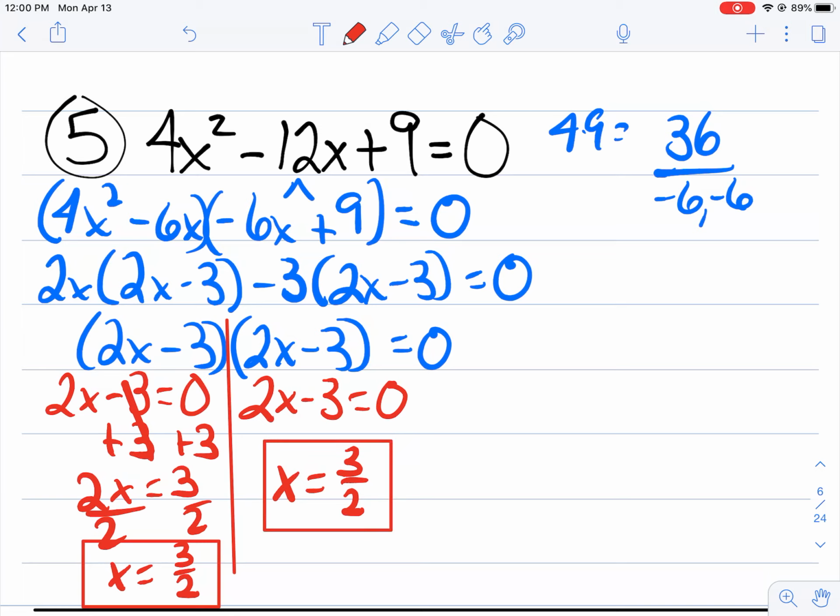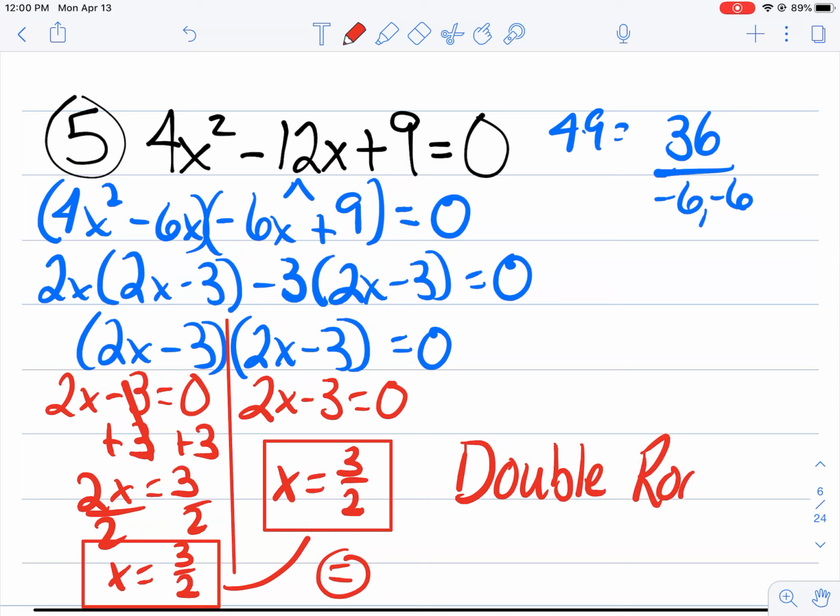And since both solutions or roots are the same, notice that they equal each other. Okay, we call this a double root. All right, so the thing is that sometimes when we have quadratic equations, the roots can repeat themselves. And if it repeats once, it's a double root, and if it repeats again, it's a triple root.